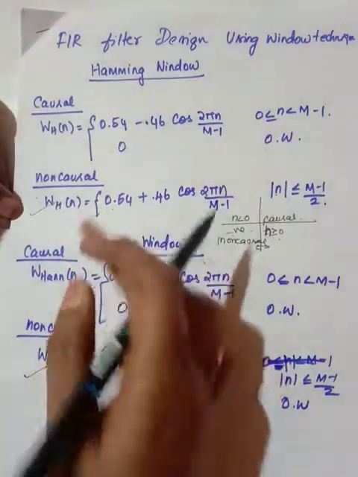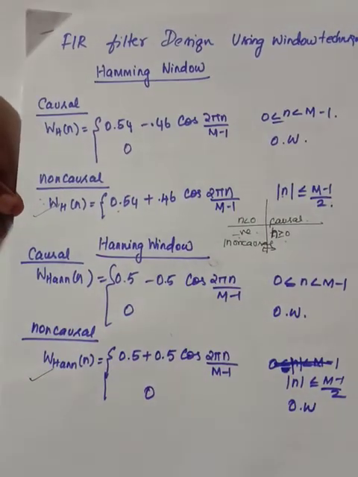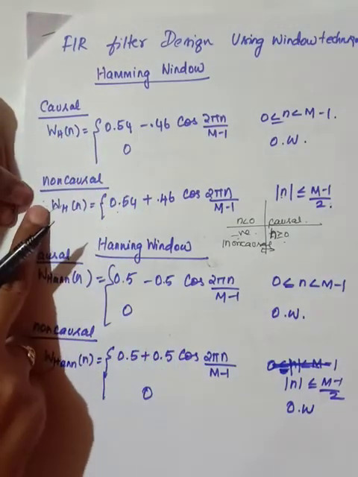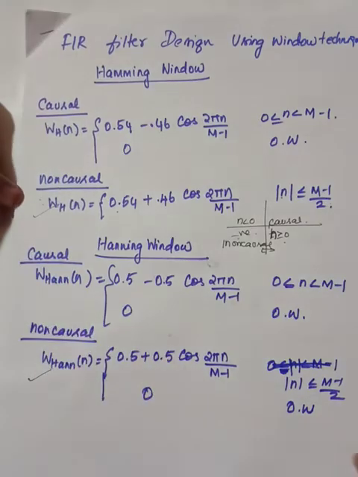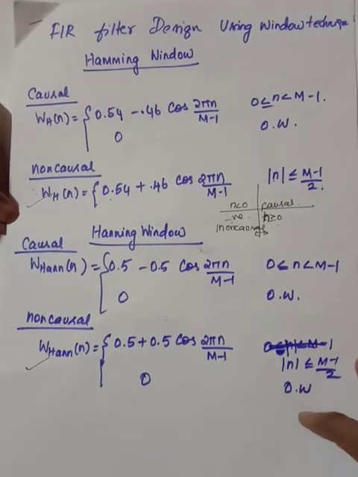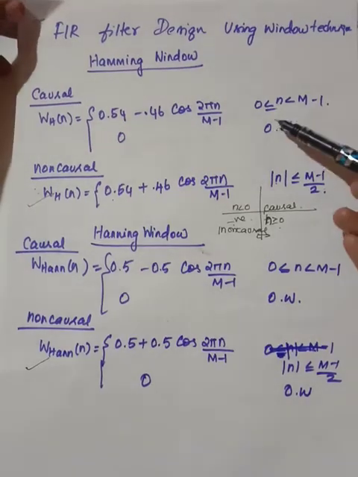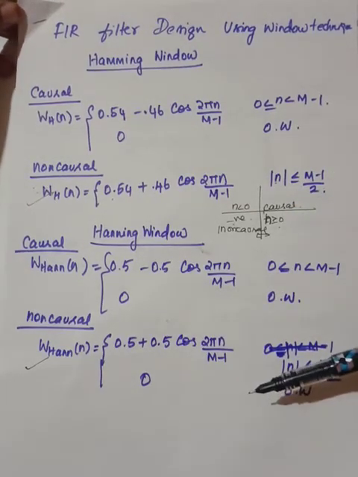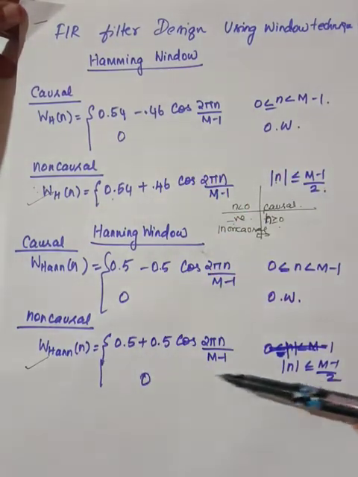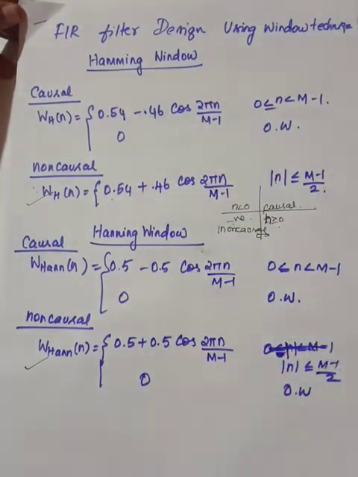Depending upon the given problem, we have to select the window, whether the causal sequence or the non-causal sequence. That depends on the given problem. The similar functions for the causal case are different, here it is minus.